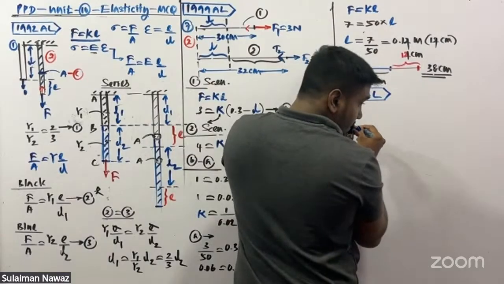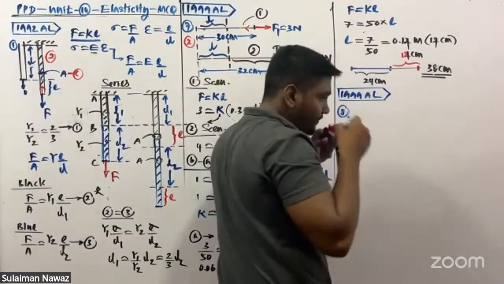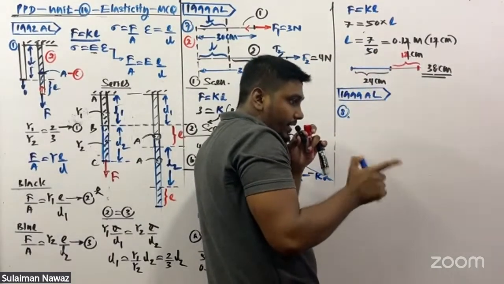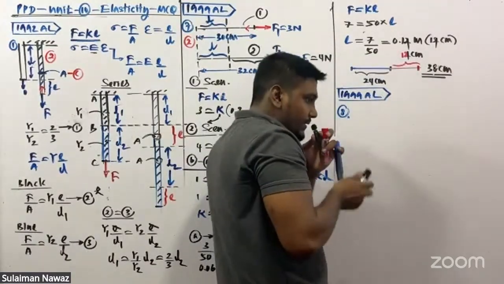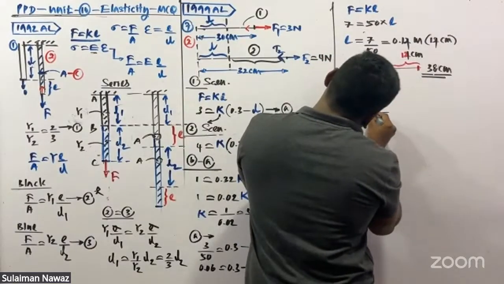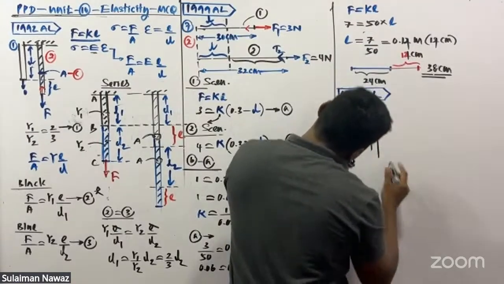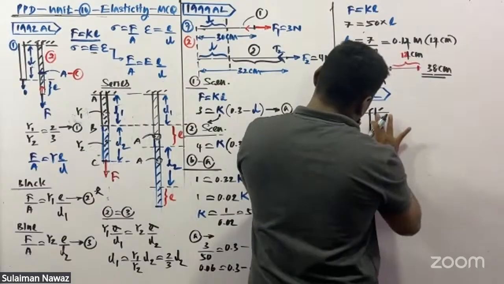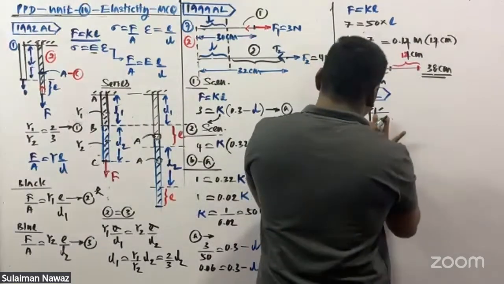Question number 8. One end of a metal wire of length capital L, cross sectional area capital A, is tied to a ceiling.